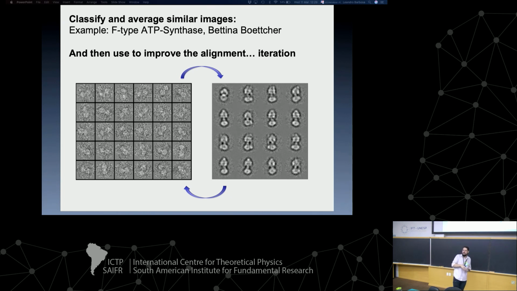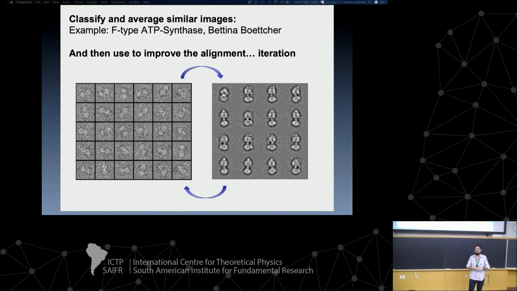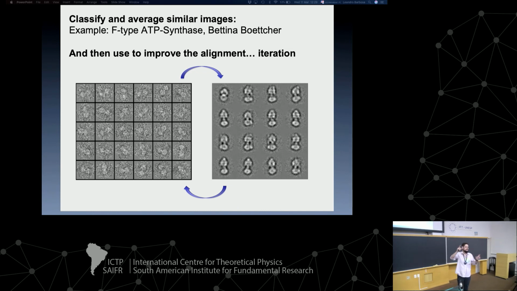Each day costs 3,000 euros. So to do that measurement, you must have several pieces of information a priori. Otherwise, they will not even allow you to make the measurement. This is like the refinement of perhaps a previous structure that has a 15 or 20 angstrom resolution, very, very loose, but you must have that information.